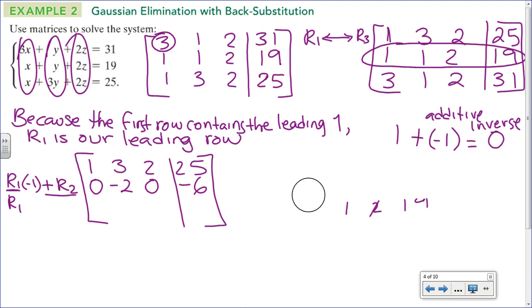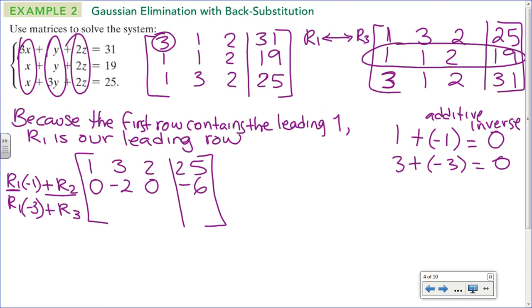Now our next number that we need to turn into a 0 happens to be a 3. So what do you need to add to 3 to get a 0? Negative 3, right? That's the additive inverse. So we use the leading row, again, R1, times negative 3. And now we add it to R3.